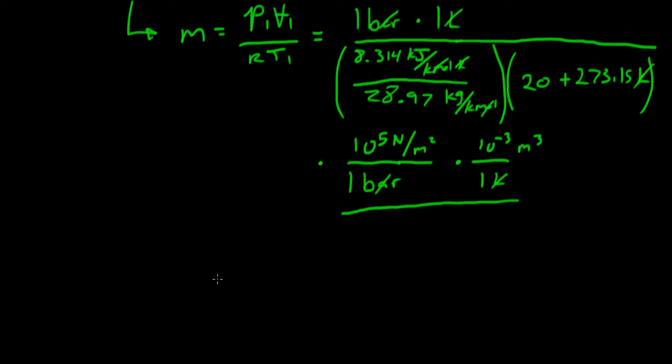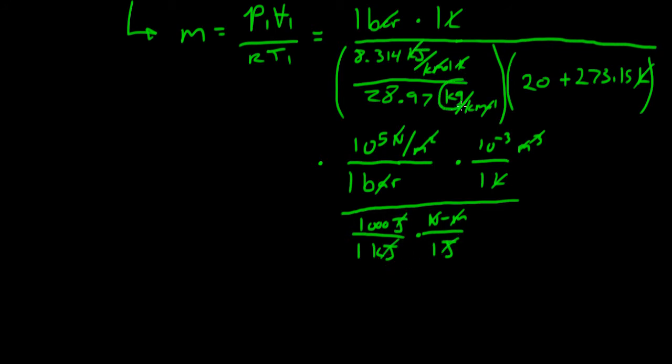On the bottom, we have kilojoules. We know that 1 kilojoule is 1,000 joules, and that 1 joule is equal to a Newton meter. You'll see here that the newtons cancel, the meters squared cancel, the meters cancel, the joules cancel, and the kilojoules cancel.